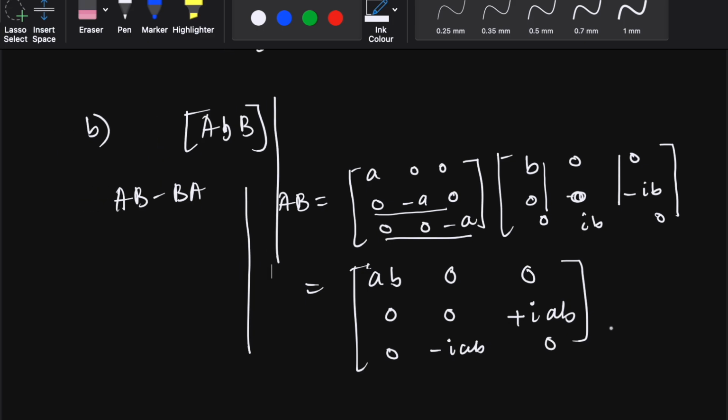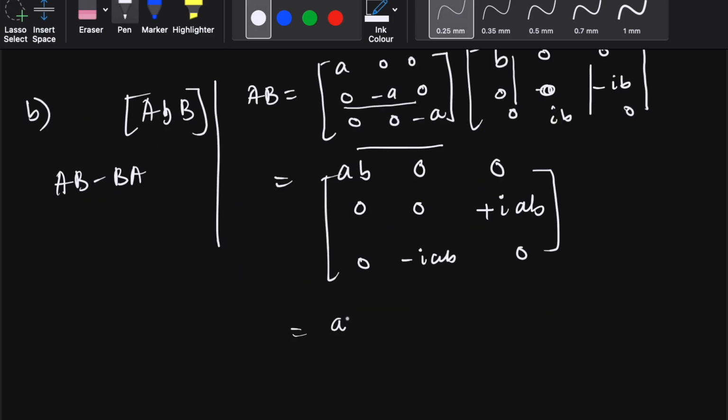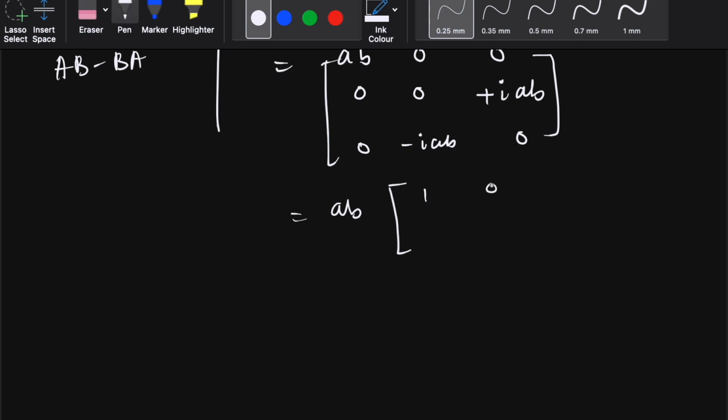That means this matrix is ab times (1 0 0; 0 0 i; 0 -i 0).